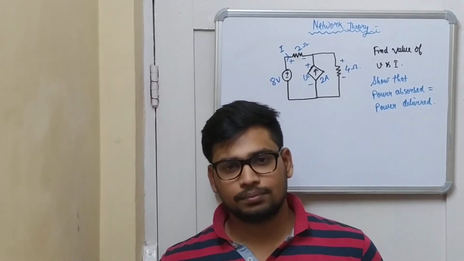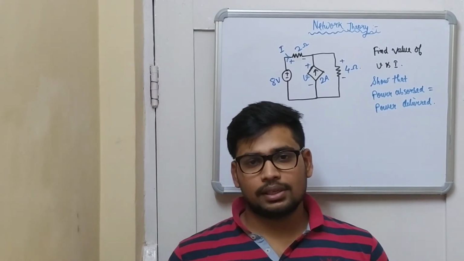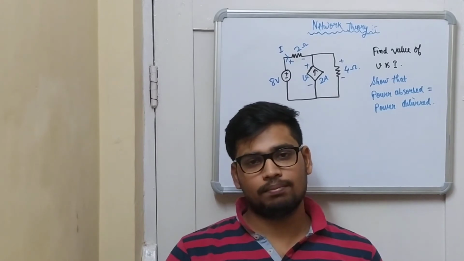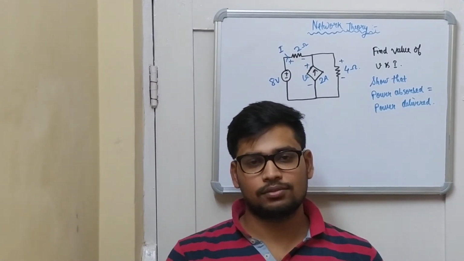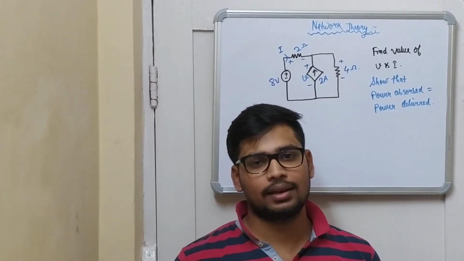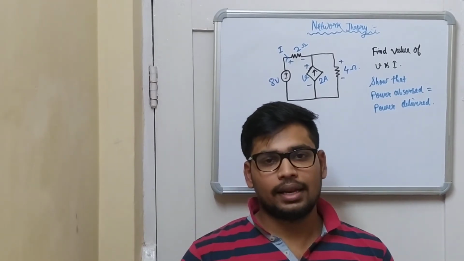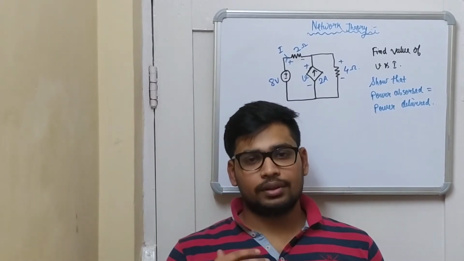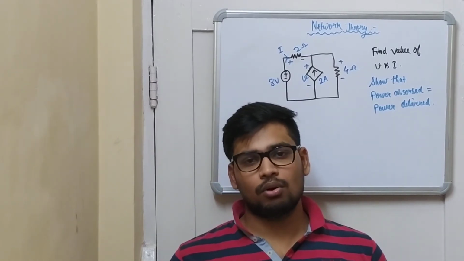And in KVL, the convention I am taking is that if we move from plus to minus, that is from positive polarity to negative polarity, I will take it as a negative voltage drop. If I move from negative to positive polarity, I will take it as a positive voltage drop.